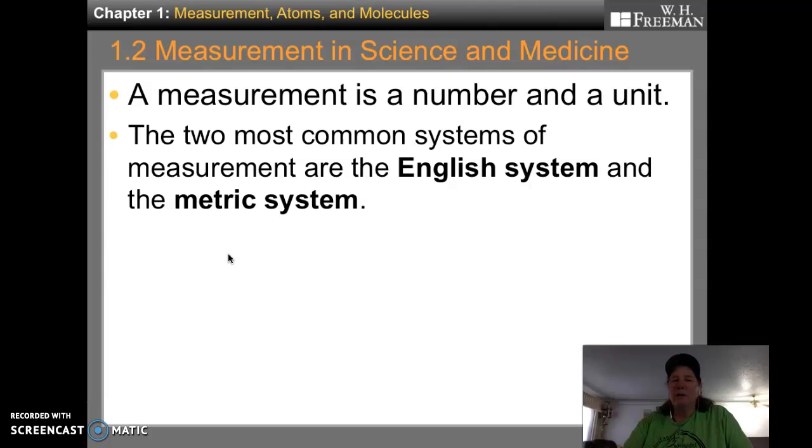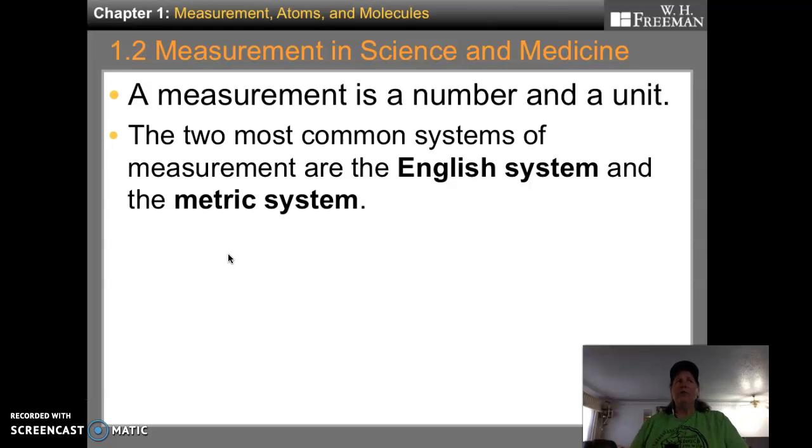When we talk about the systems we use for measurements, in the United States we use the English system, which is weird because nobody else uses the English system but us. Even the English don't use the English system. The English system is inches and feet and yards and miles. The metric system, or the System International, is meters, liters, grams, things like that.